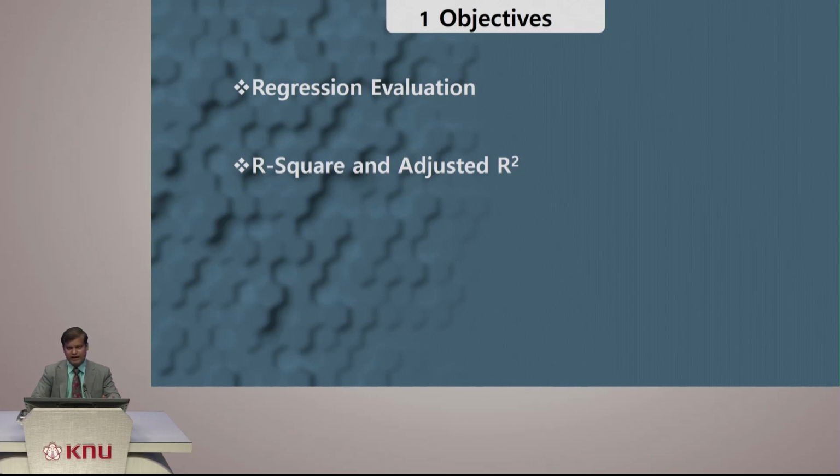For example, predicting the price of a house based on features like number of bedrooms, number of living rooms or bathrooms in the house, along with the locality where the house is located. Those are some of the features. And at times it can also be used for classification.